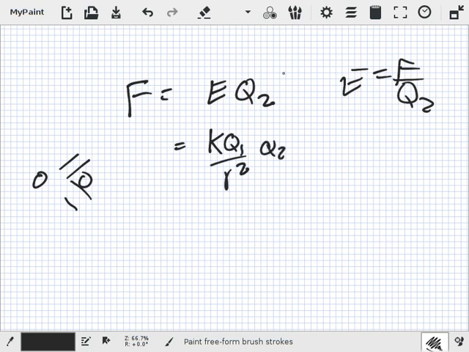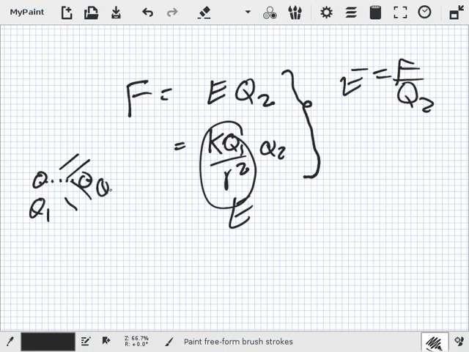So Coulomb's law and the electric field formula is actually really the same thing. This is the formula for E, the electric field caused by a Q1 and the effect it has on a Q2 a distance of R away. But in fact, you look at this and realize it's the same as Coulomb's formula for force.